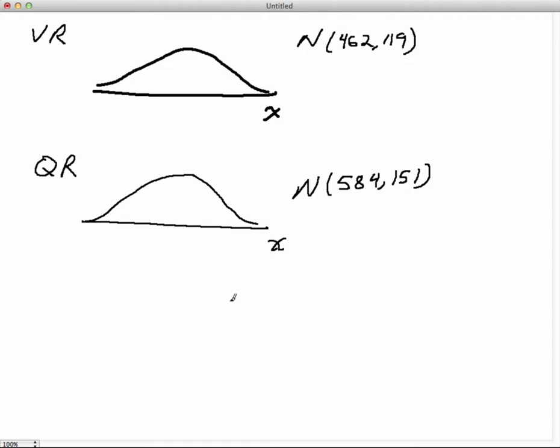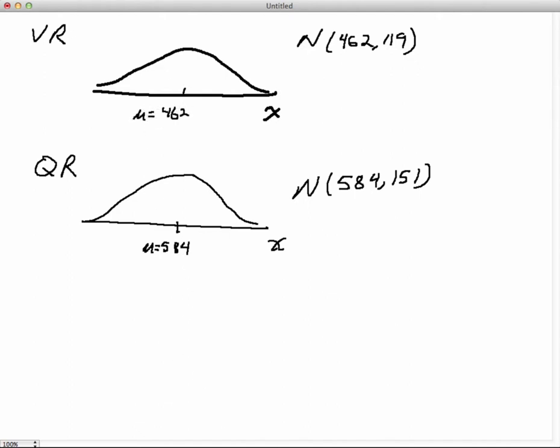What we did is convert both of these into z's, but we don't really need to do that. If we were using tables, we would have had to convert both into standardized distributions and use the z-table, but since we're using RStudio or R to do the calculation, we don't need to. So here's the mean at 584, that's what mu is equal to, and here the mean is at 462.